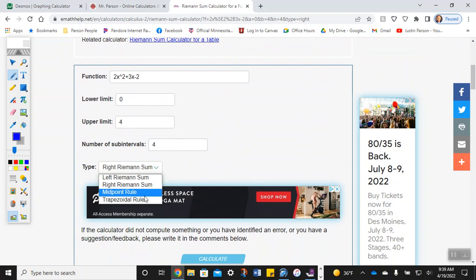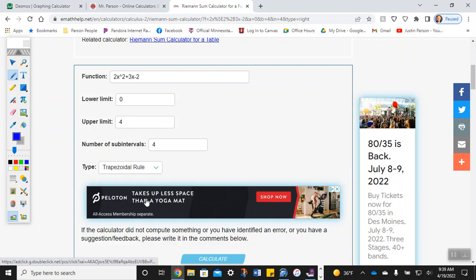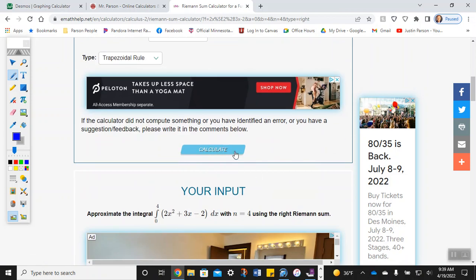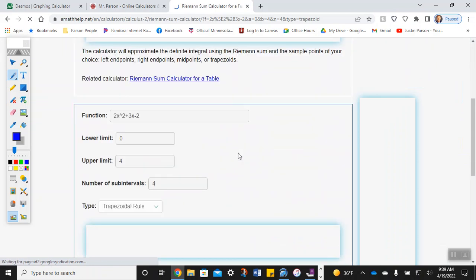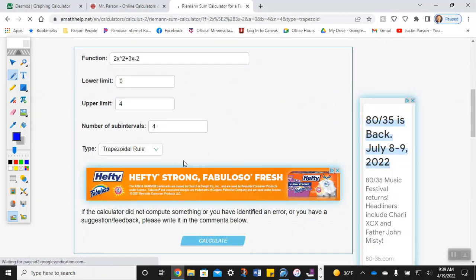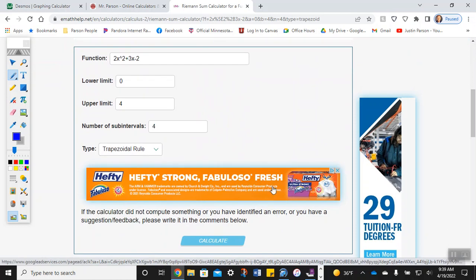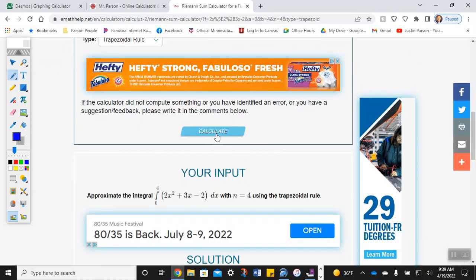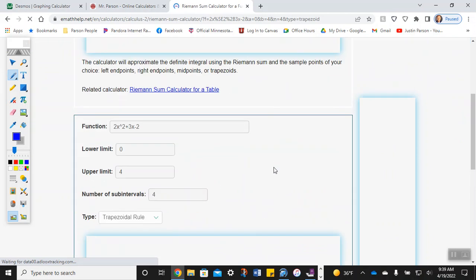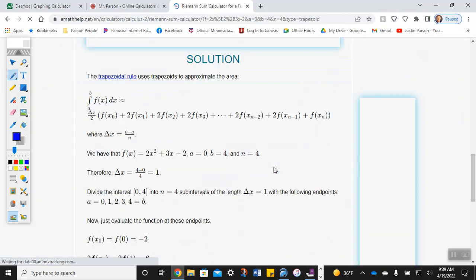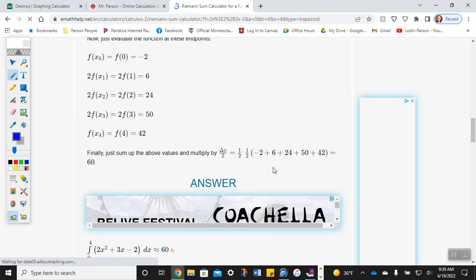What's next on the list? Is it trapezoid or midpoint? Trapezoid? Yeah. Okay, trapezoid, I get about 60.